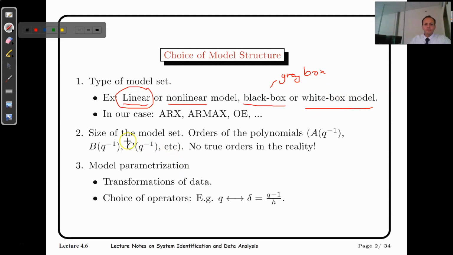Of course, it is important the size of the model set, the orders of the polynomial. The size depends on the model set, how many families or classes of models you need to consider.